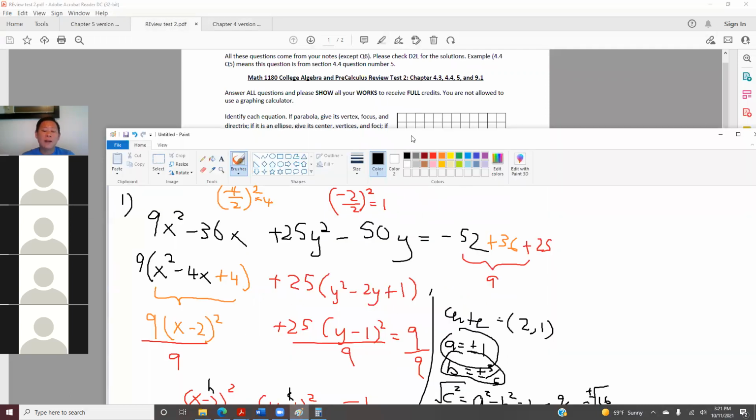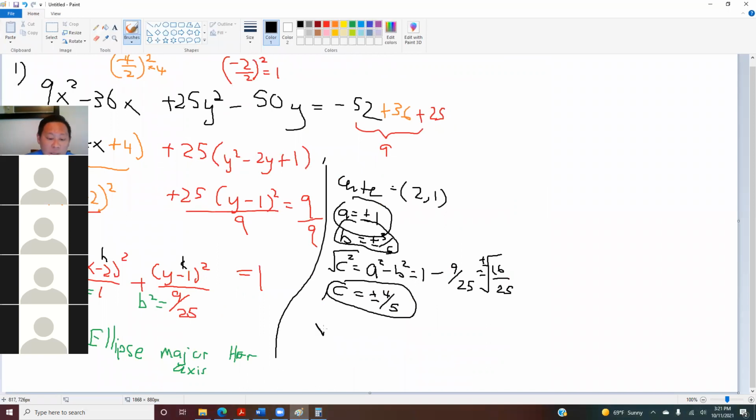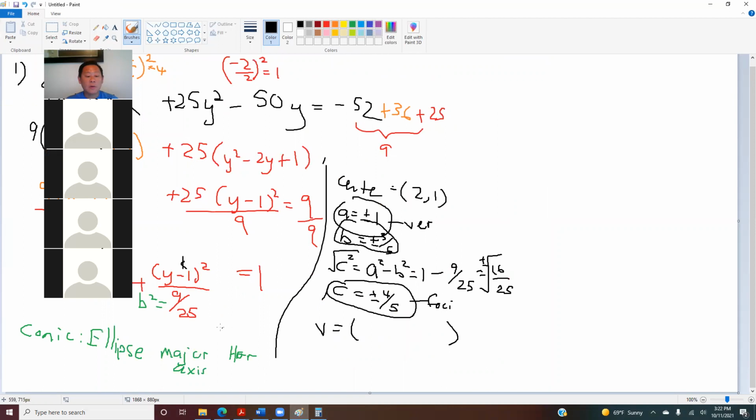In order for us to find the vertices, we use A. A is always vertices, and C is always the foci. So the formula is, if you have it on the horizontal axis, means it goes flat, you add it on the first one.